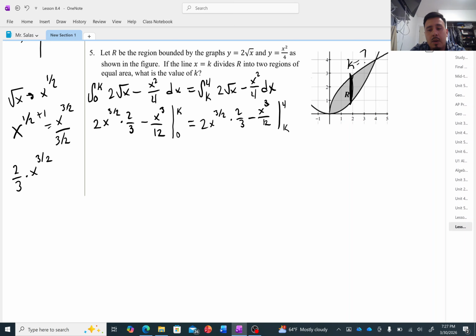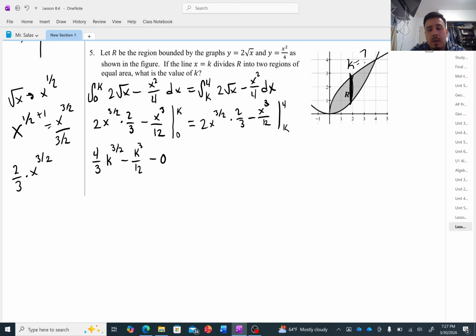Next, I'm going to do some simplification on this side. I should end up with 4/3 times k to the 3 halves minus k cubed over 12, minus 0. Where did I get minus 0?